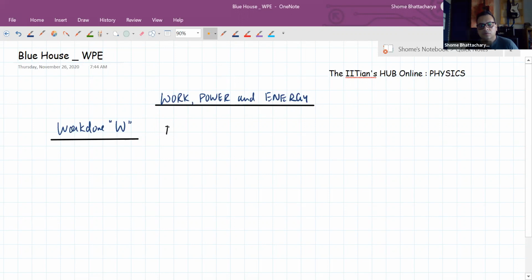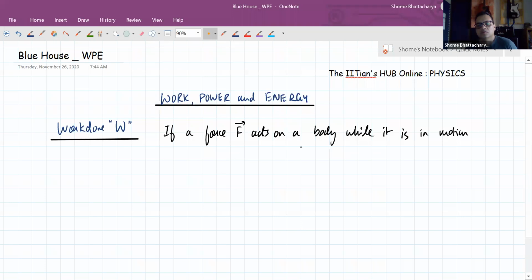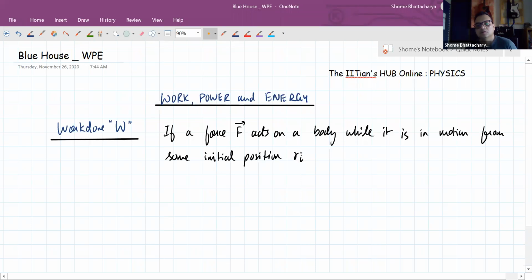If a force F acts on a body while it is in motion from some initial position, let's say Ri, to a final position, Rf.